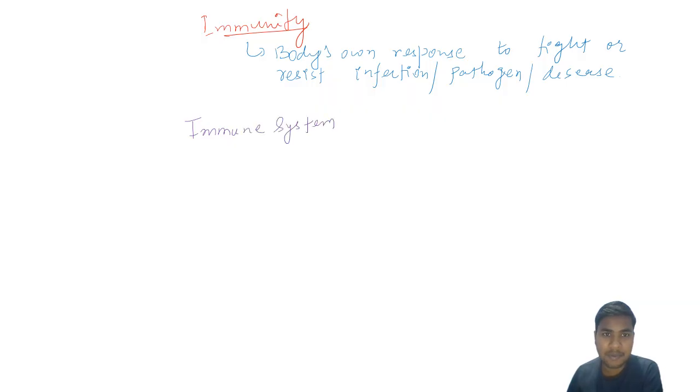So what is the immune system? We can say the immune system has the capacity to fight against any disease or any pathogen.